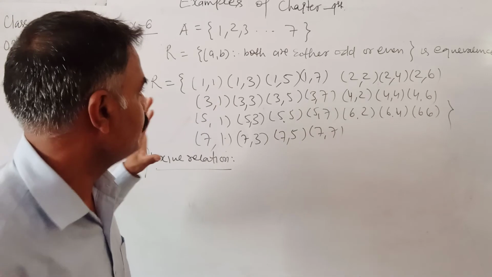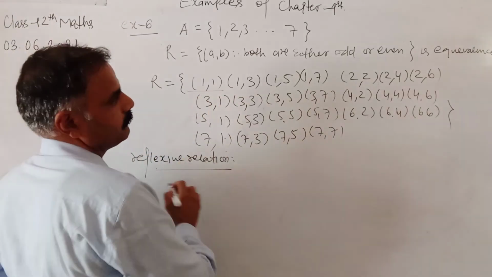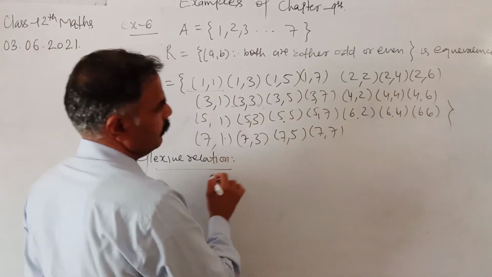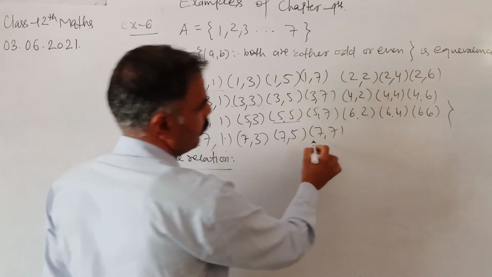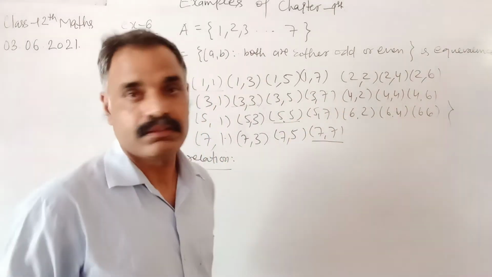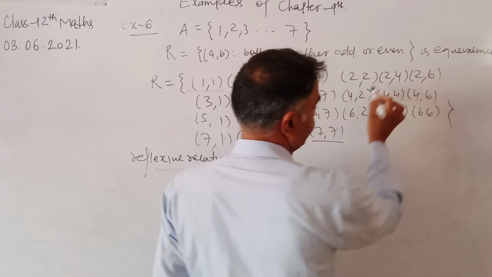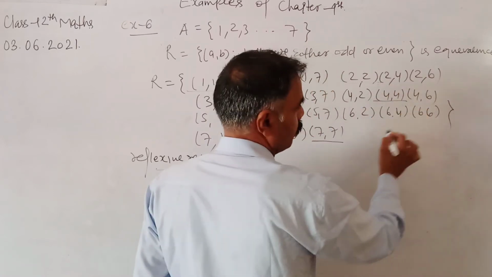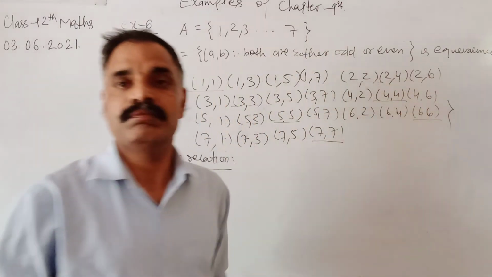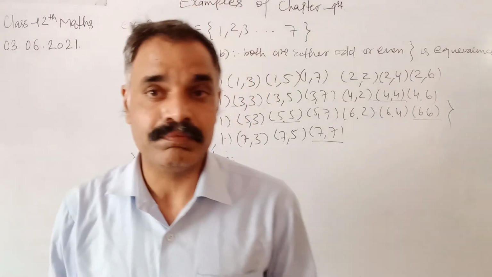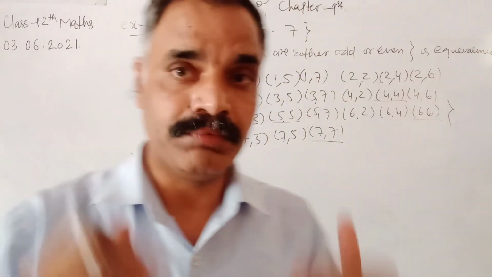Here in this relation 1 is related to 1, 3 to 3, 5 to 5 and 7 to 7. Similarly 2 is related to 2, 4 to 4 and 6 to 6, so every element is related to itself. That is why the given relation is reflexive.